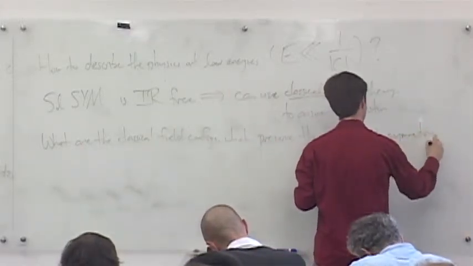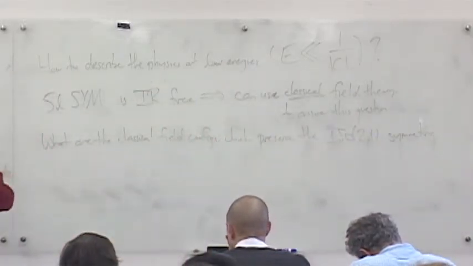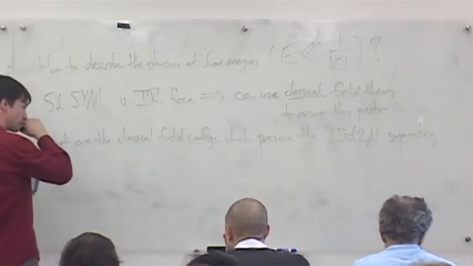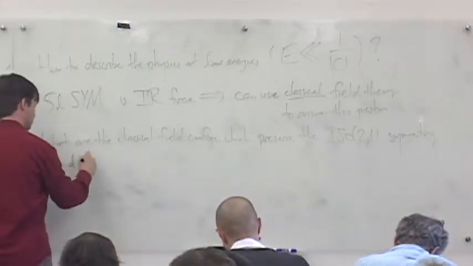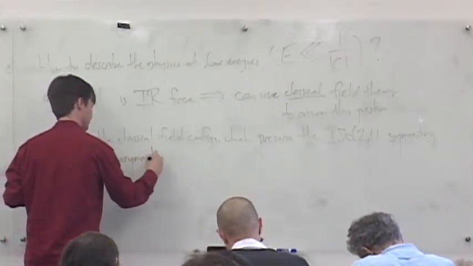In other words, they're invariant under the translations in the remaining 3 directions. And let's also ask them to preserve the supersymmetry, so the supersymmetric ground states of this theory.